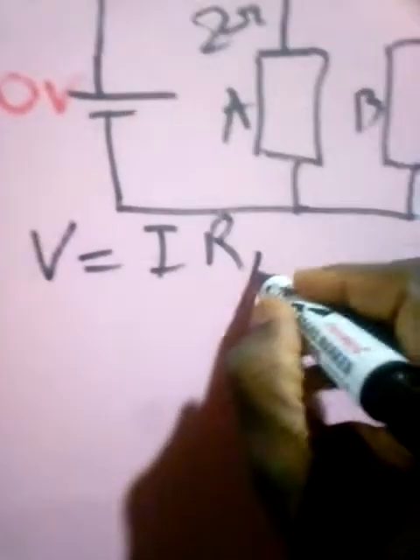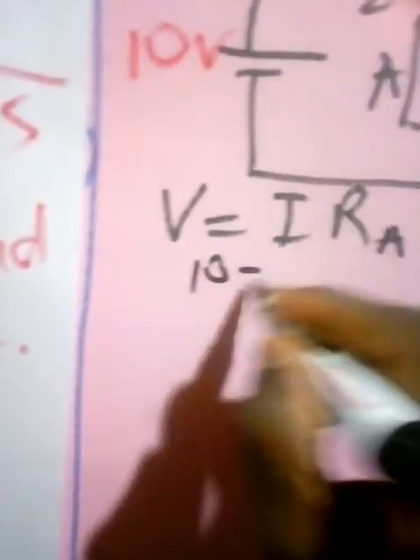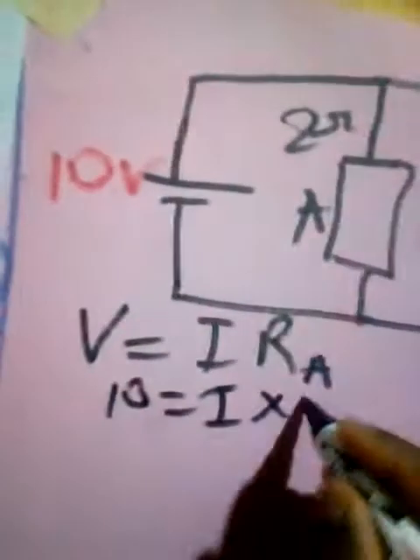But when I'm looking for A, it is going to be V equal to I R_A, because I want to find the particular current flowing through resistor A. My voltage is 10, my current is I, and my resistance for this one is 2 ohms. Therefore my I is equal to 10 divided by 2, which gives me 5 amps.